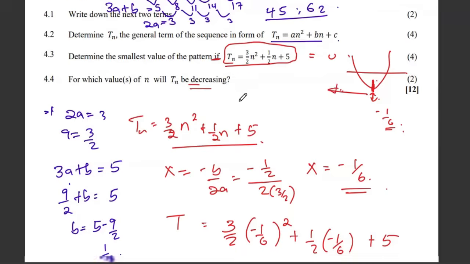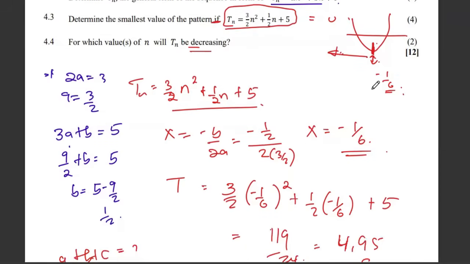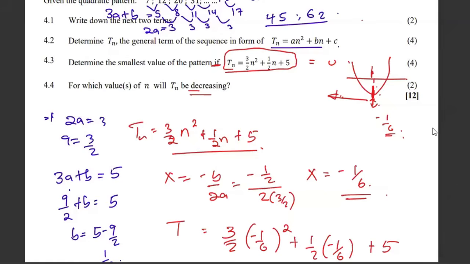So since we found our Tn to be that, for which n values? We shall just have to say that x must be less than negative 1 over 6. For as long as x is less than negative 1 over 6, then the function is going to be decreasing.